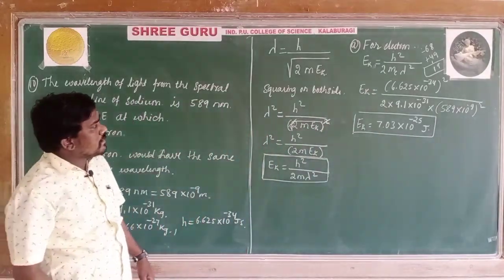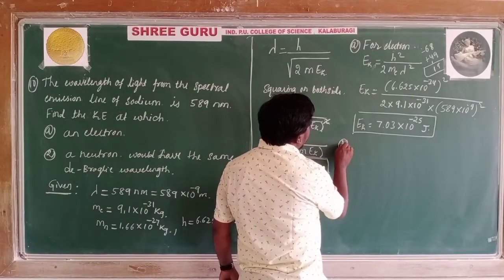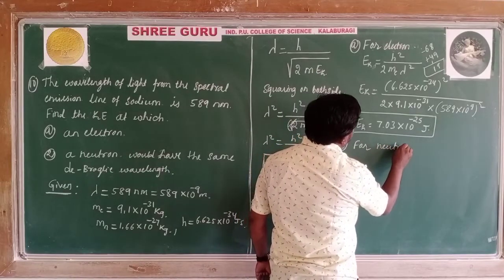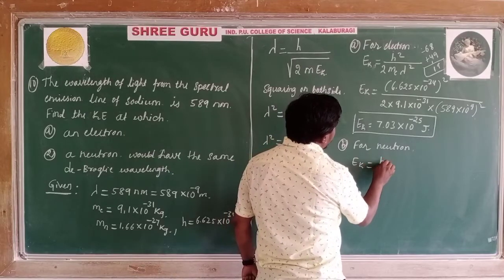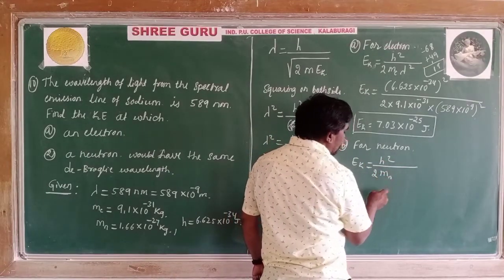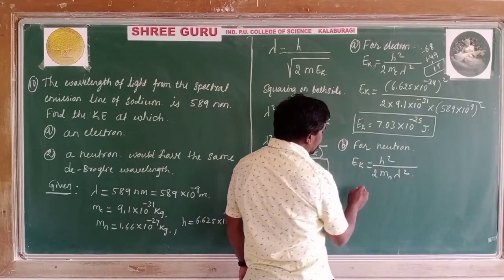Similarly for neutron also. What is the final kinetic energy formula? Lambda square by 2m small n. Small n means neutron mass, just substitute.